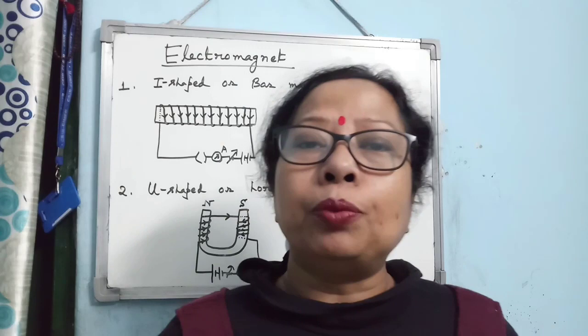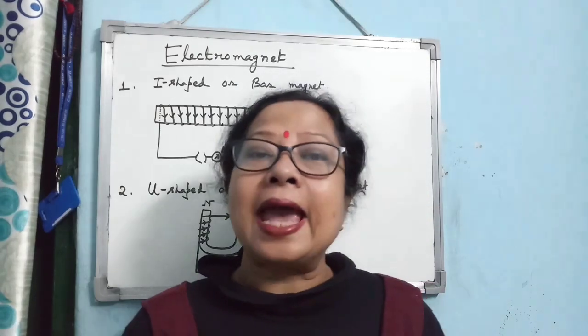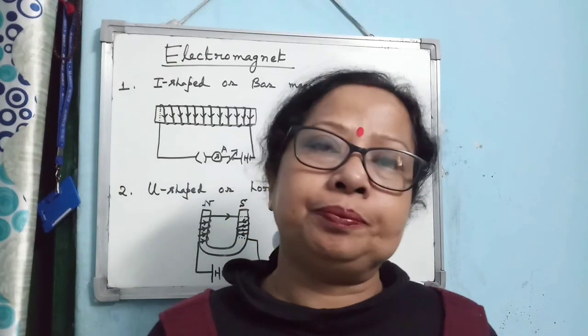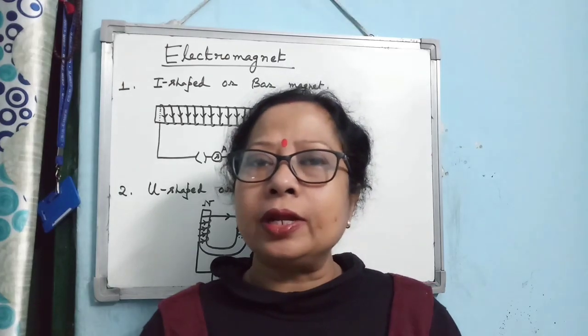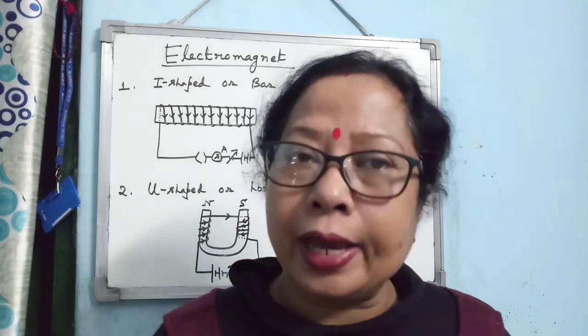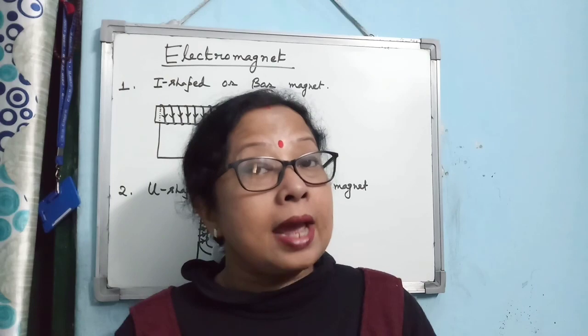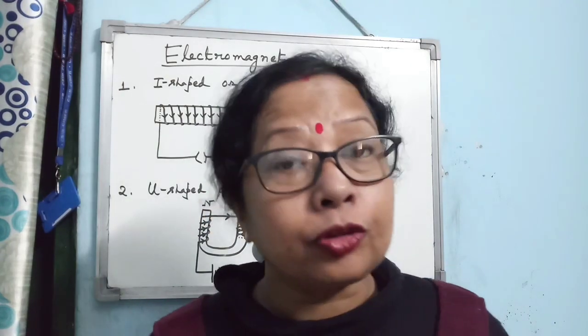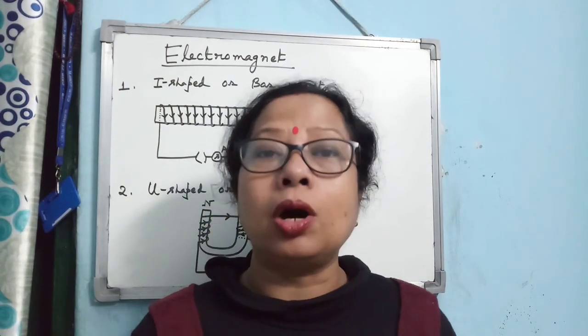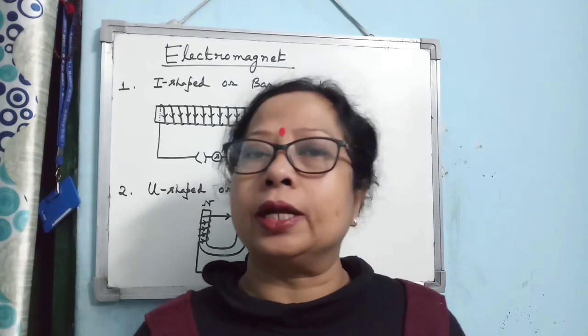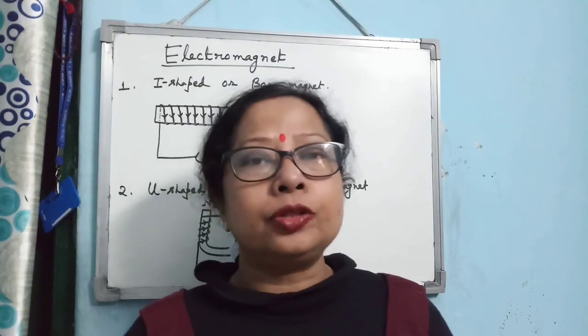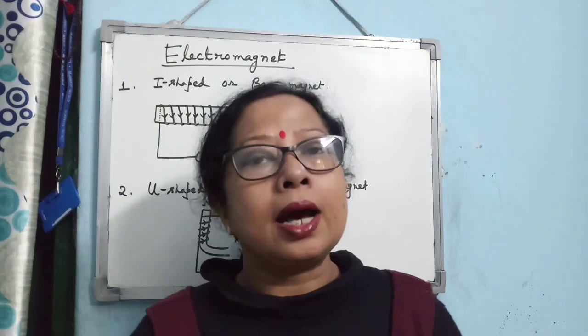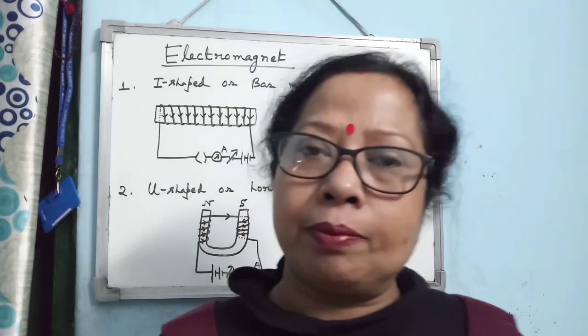Third point: both of them exhibit attractive property. The way it is given in the book is not proper, so I am repeating all three points; please follow how to write it in your board exam. These are the three similarities between a current carrying solenoid and a bar magnet.